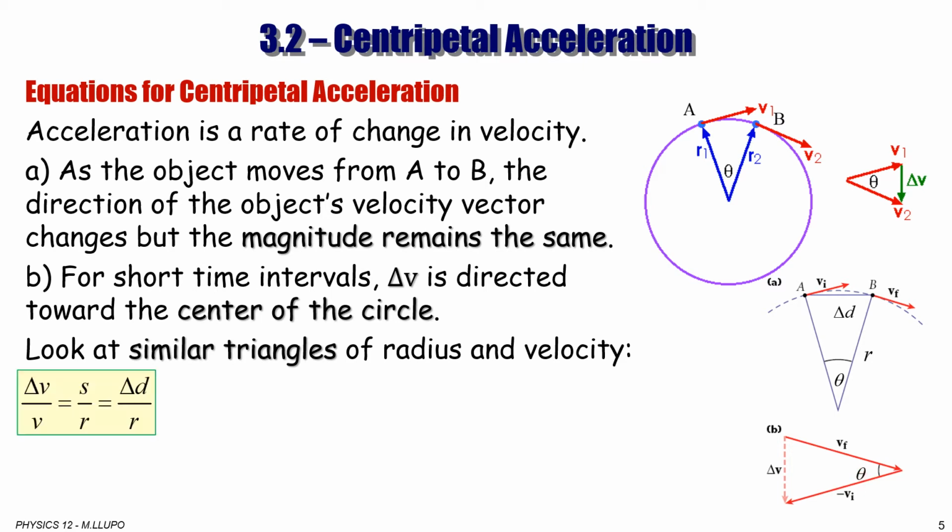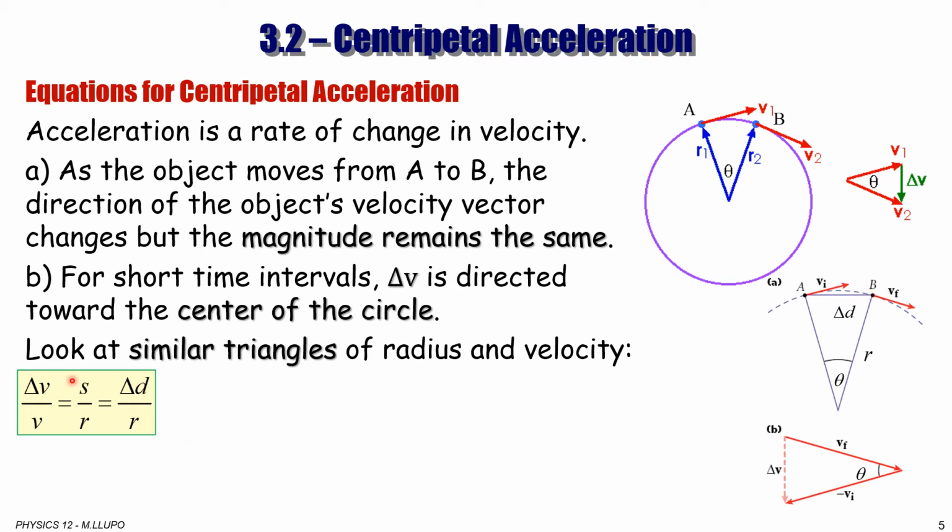As similar triangles, we can say the ratio between sides is equal to each other. So change in velocity over velocity, because we cannot choose initial velocity or final velocity since the magnitude of those velocities is the same as we mentioned, is equal to that distance between A and B that we call the sector, over one side, which is the radius.